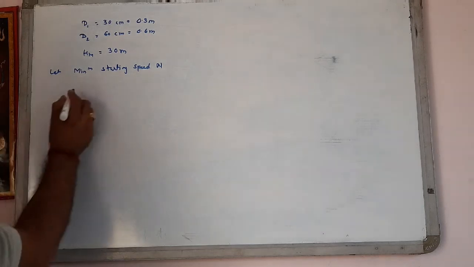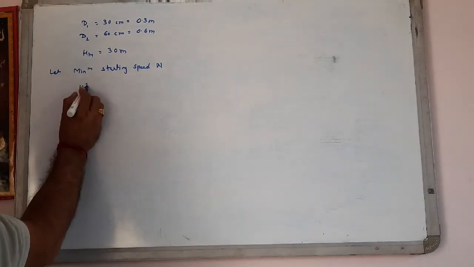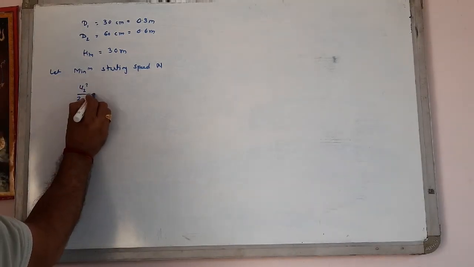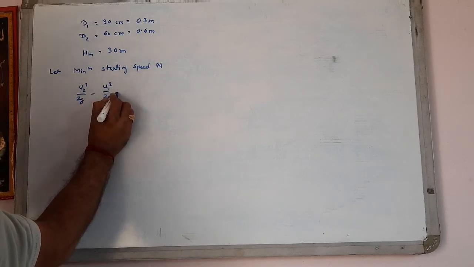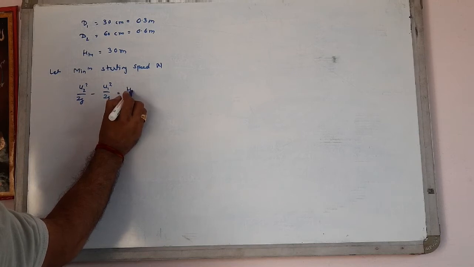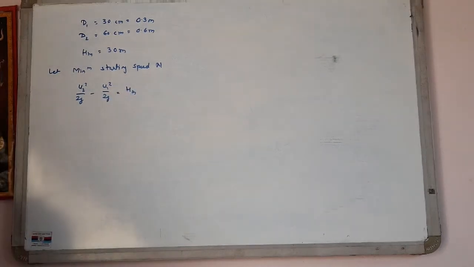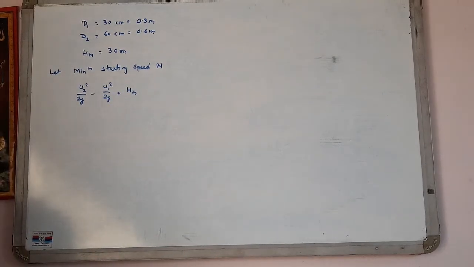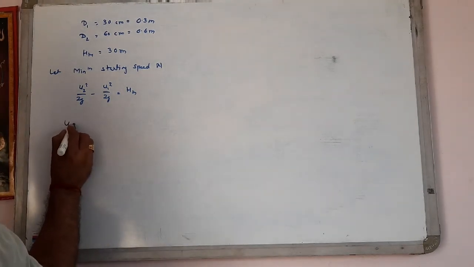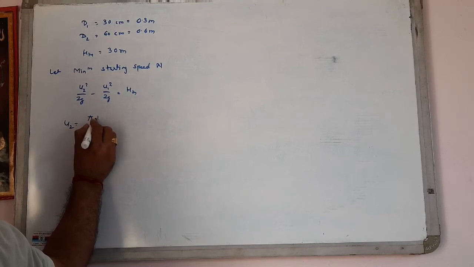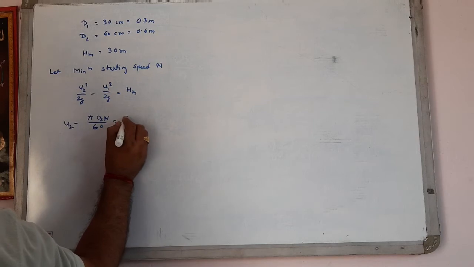So using the equation U2 square by 2g minus U1 square by 2g equal to HM, where U2 equal to pi D2 n by 60.